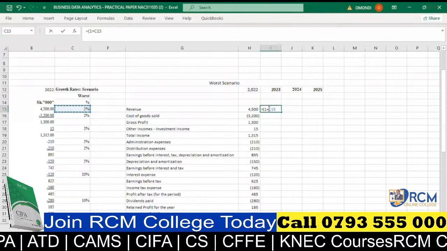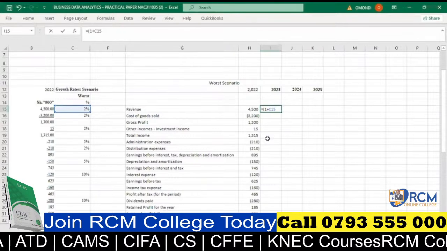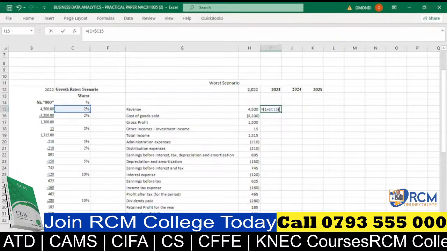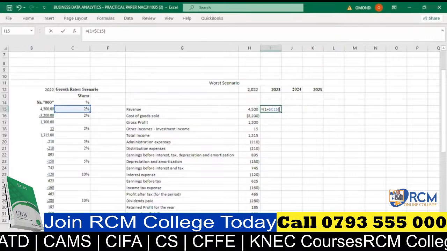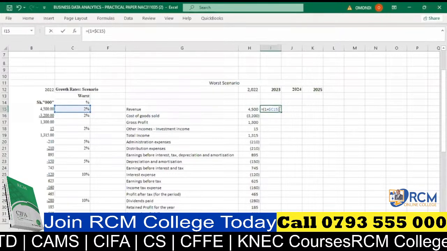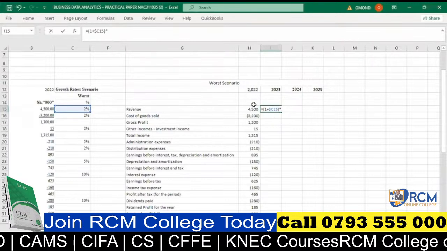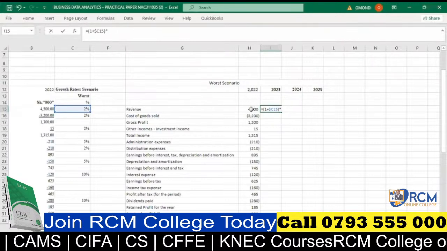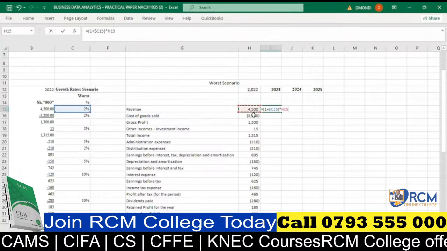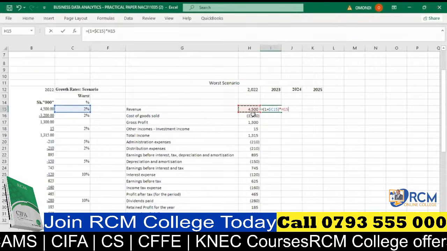So place a $ sign before C. Confirm if you've done that. Then close the bracket and then multiply it by this value. Have you done that?